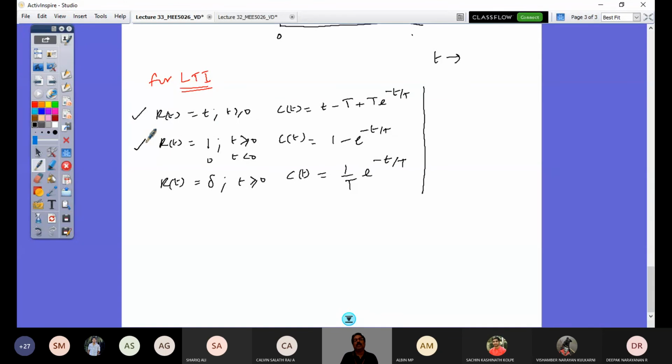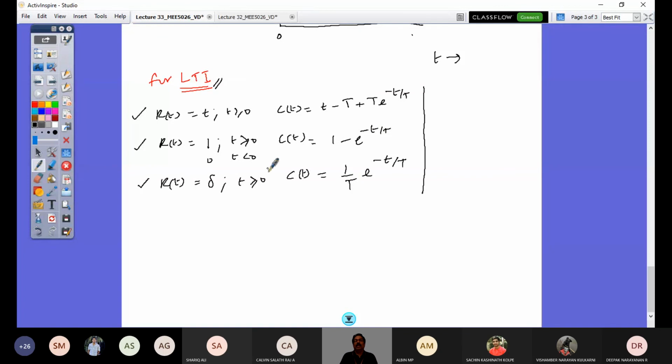If that is so, I can also differentiate my response to get my output response, and that is applicable for only an LTI system. So if I differentiate this, I'd get 1 minus, this is going to be constant so it's 0, and here it is going to be minus of T into 1 by T, that goes, so I'll get this. So differentiating this function, I would get this function. And if I differentiate my output response here, I get this.